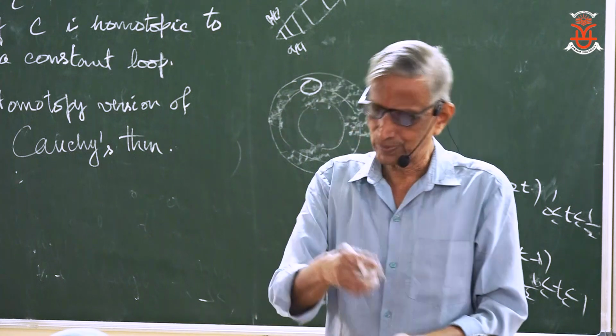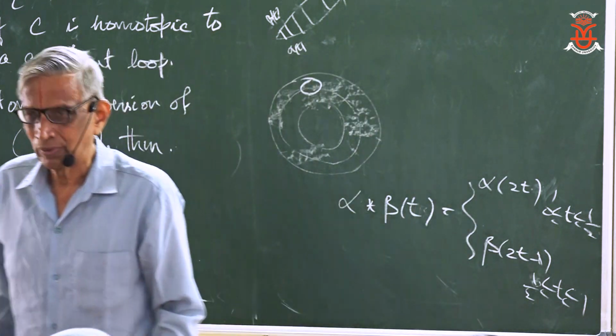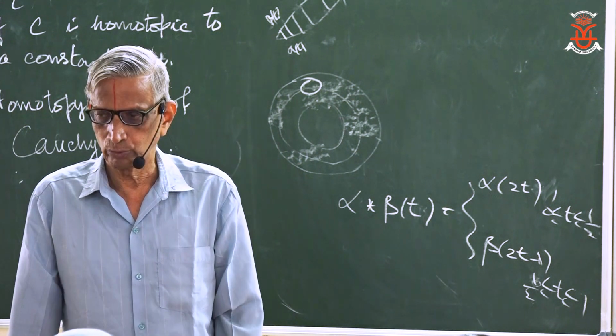But in particular for loops, it goes around alpha and then goes around beta again. That's what this does, giving a product of paths, a product of loops.